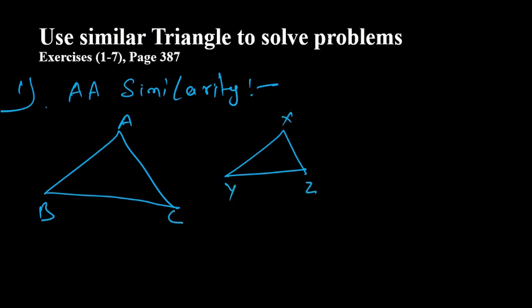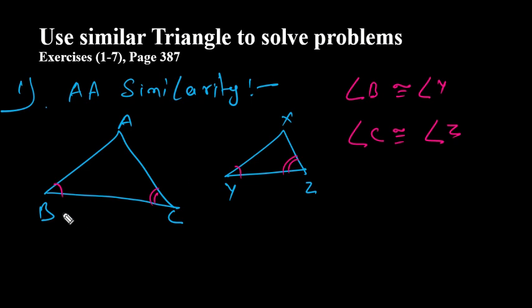XYZ. Now in this one, it is given, let's say, this angle and this angle and this angle and this angle. If I look at this directly, I can see that angle B is congruent to angle Y, and angle C is congruent to angle Z, right?